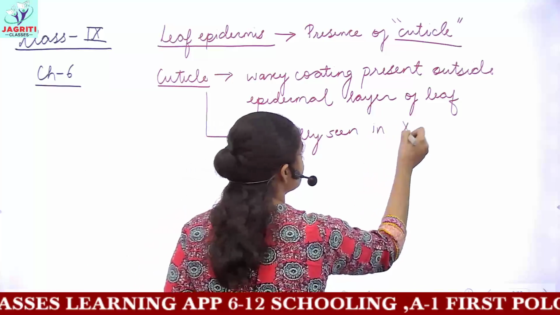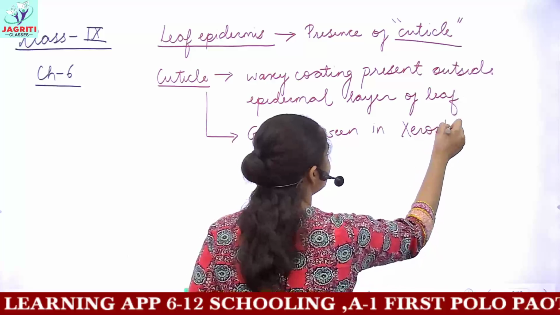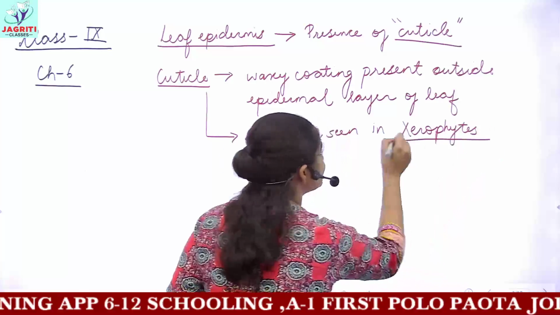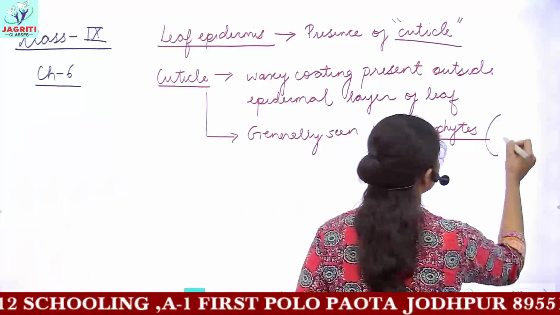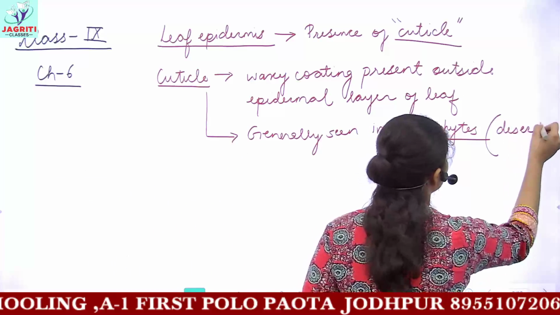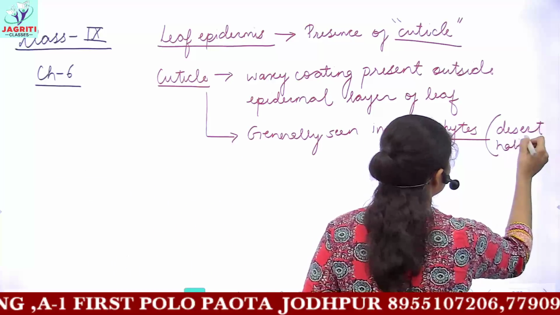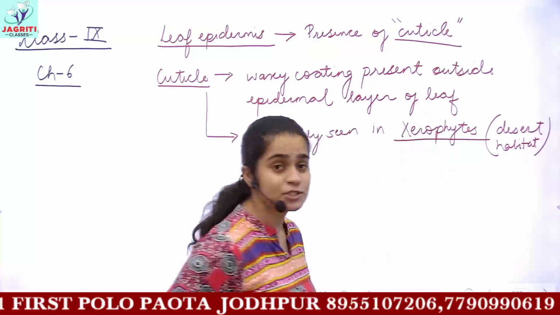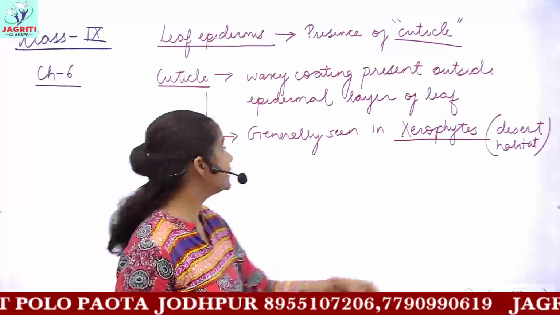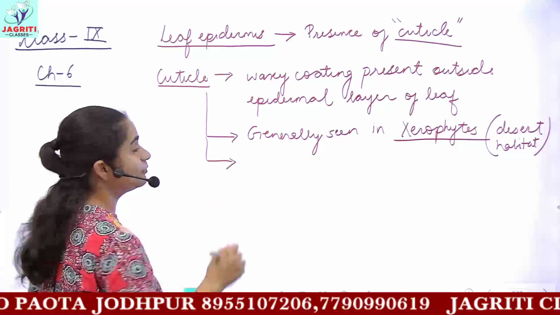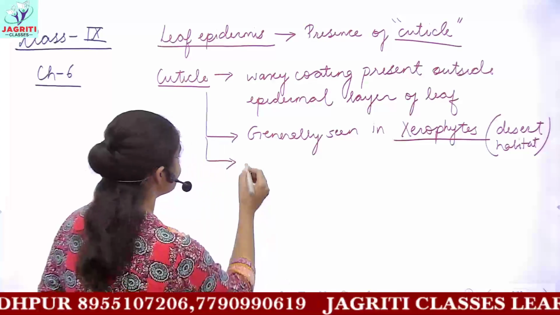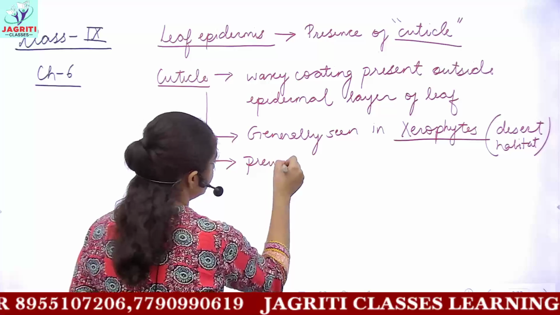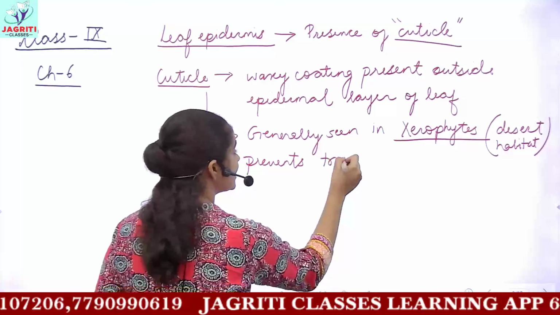in xerophytes. Do you know what you understand by the term xerophytes? Xerophytes are the plants which are found in desert habitat, or you can say in dry regions. So this cuticle is generally observed to be present in xerophytic plants because the function of this cuticle is to prevent the loss of water, or you can say this cuticle prevents transpiration.